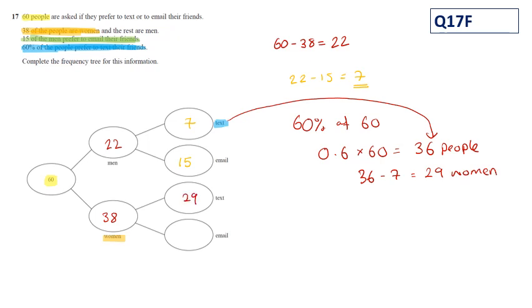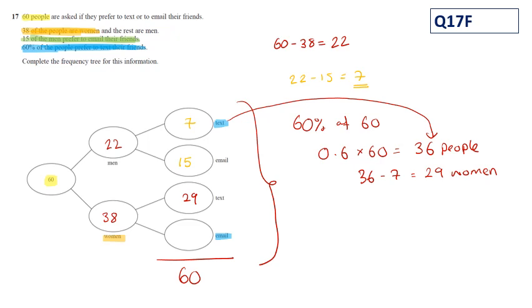Now to find the final number, which is the number of women that email, we know that this entire frequency diagram, or this frequency tree, needs to add up to 60. So if we add up 7, 15 and 29 and find the difference from 60, that will give us the number of women who prefer to email.